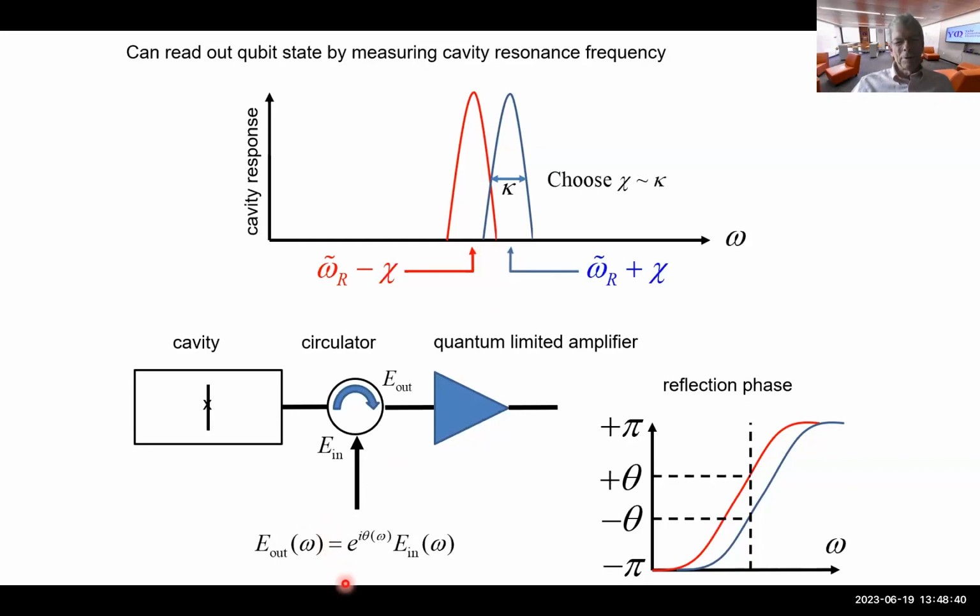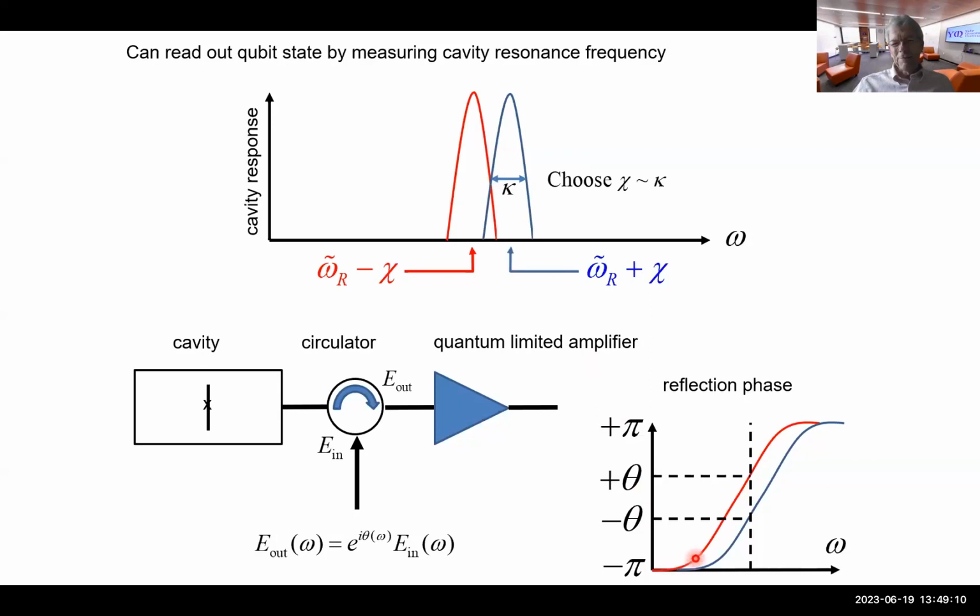So what you do is you send in a microwave tone through a circulator gadget. It bounces it off the cavity, and then sends it here to a quantum limited amplifier. And the nice thing is that you're sitting right here at this frequency, so you're slightly above one resonance and slightly below the other resonance.